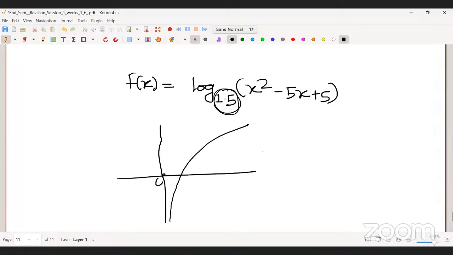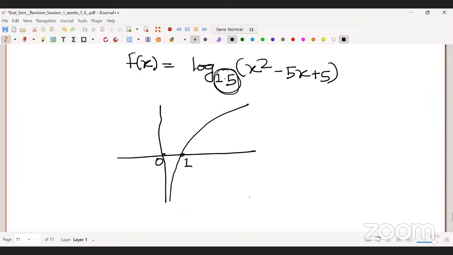This is 0, this is 1, and this is log ax when base a is greater than 1.